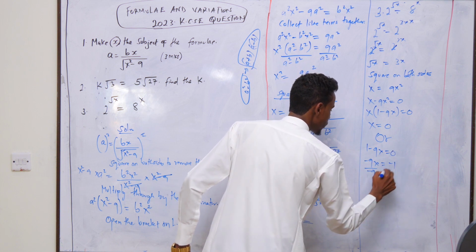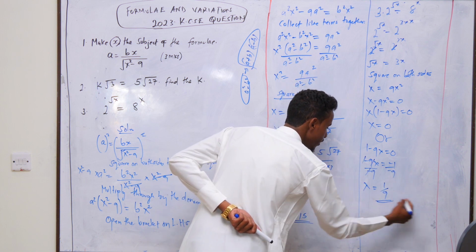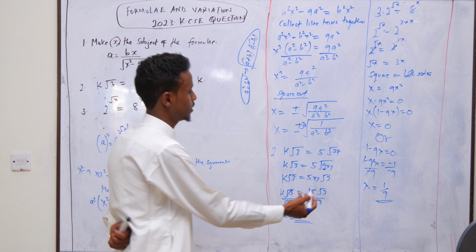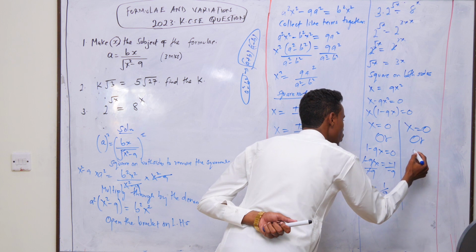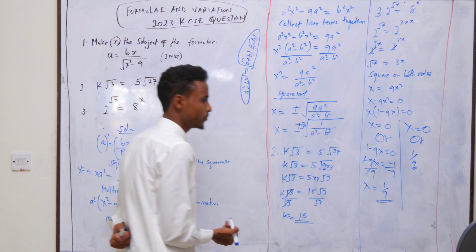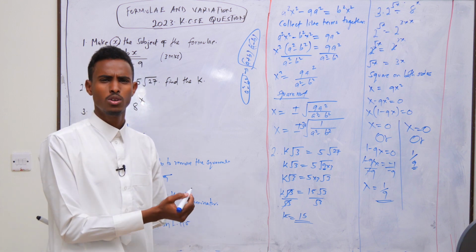Divide by negative 9 on both sides. Now x will be 1 out of 9. And that is the solution to the question, when you get x either 0 or 1 out of 9. And that is the end of the question.